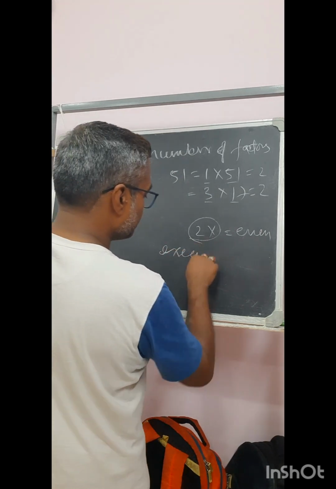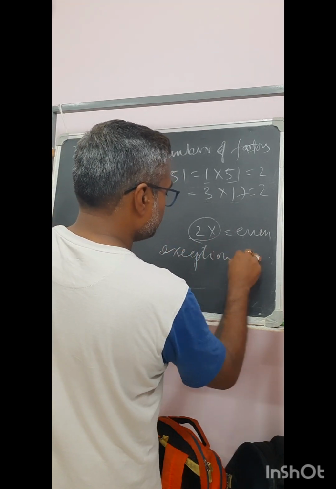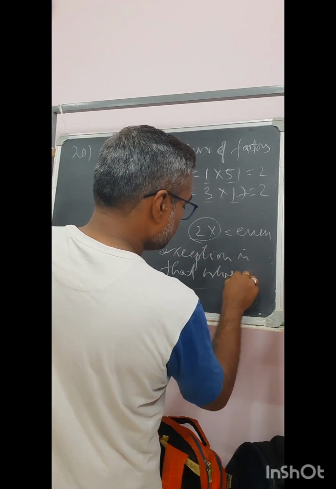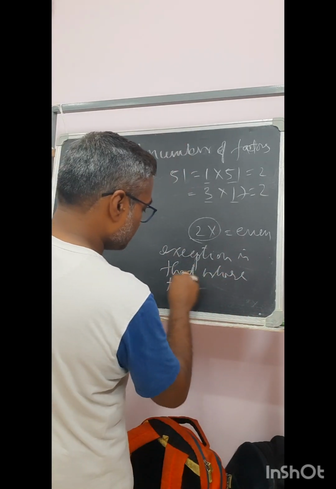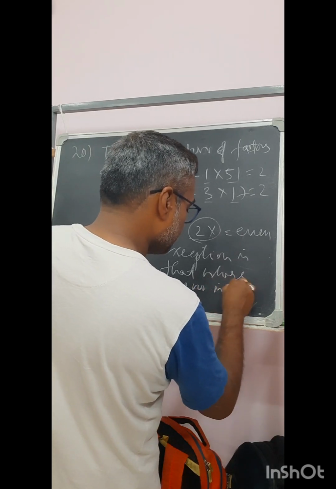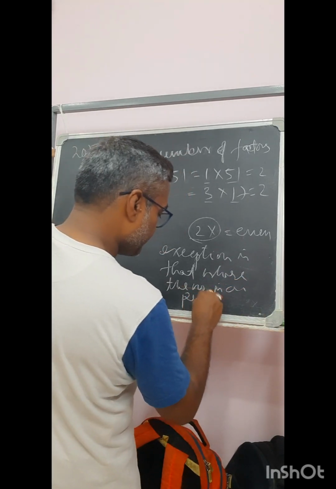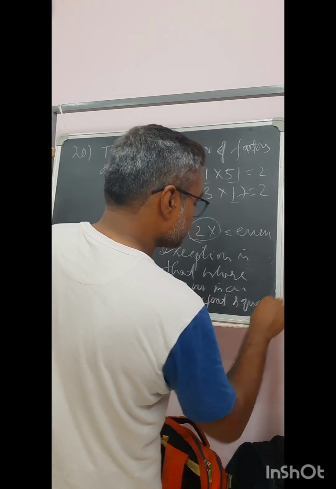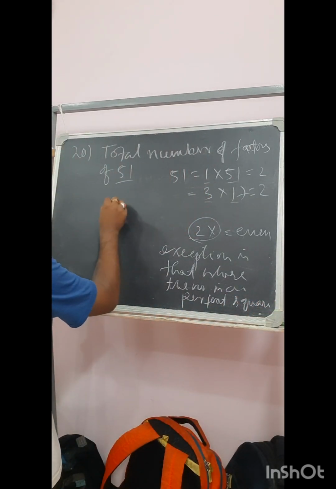Exception is where the number is a perfect square. This is the exception. How? Let's say I am taking 9.